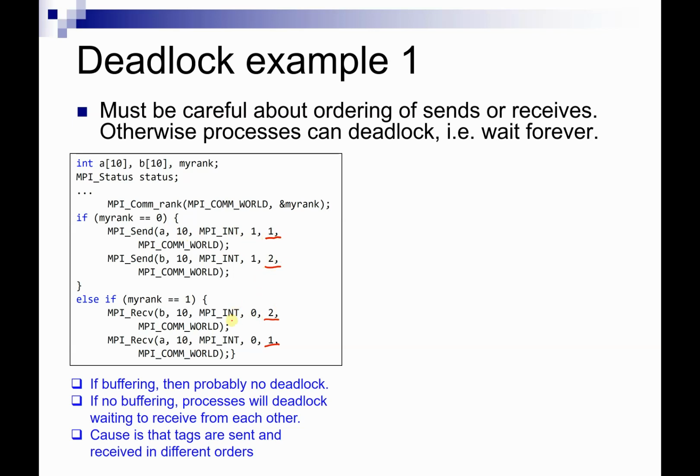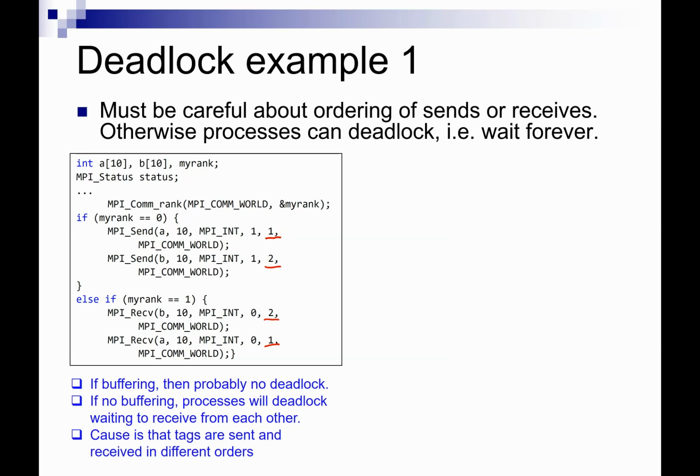But this rank 1 process is waiting for the rank 2 message, which is not being sent because the rank 0 process is stuck sending the tag 1 message. So if there is no buffering, then it's possible that the processes will deadlock waiting for each other.